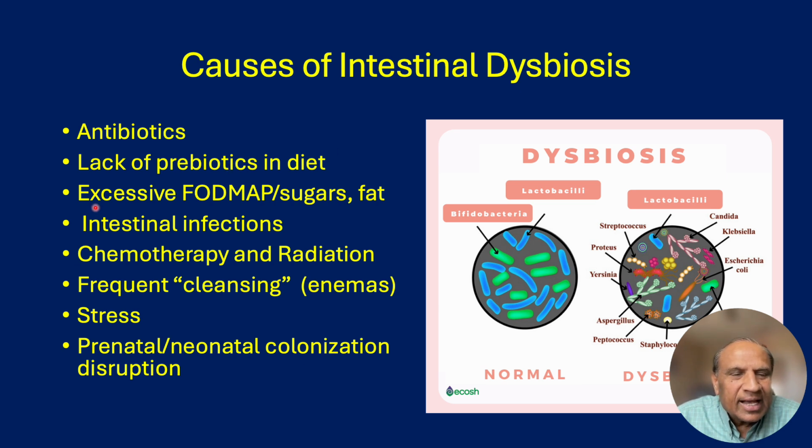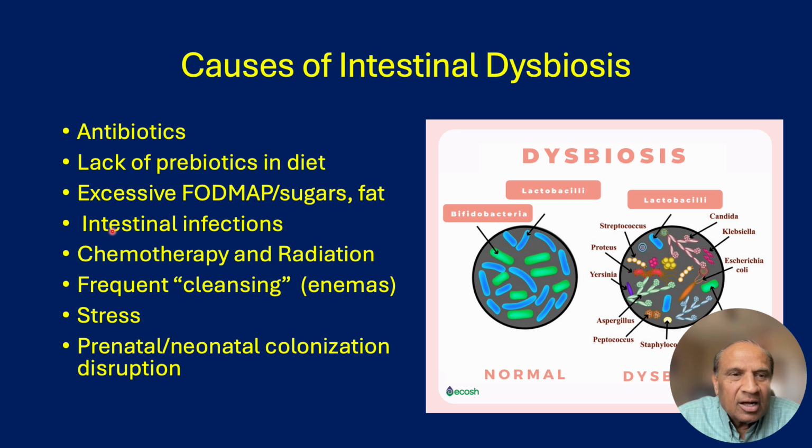The third is excessive FODMAPs, which are a type of sugars, mainly in the processed food, very simple sugars, and fat. Excessive amount of this will alter the intestinal bacteria. Next cause is intestinal infection by what we call pathogens.